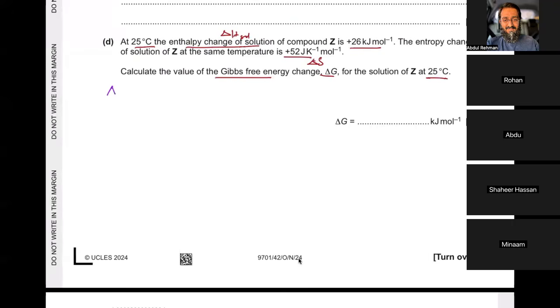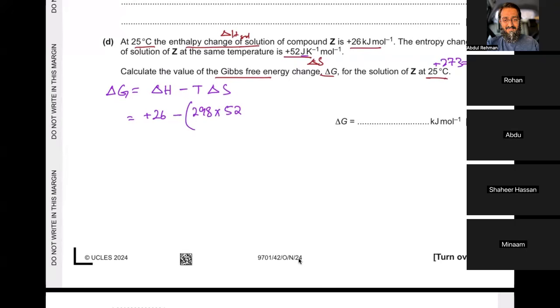Calculate the value of Gibbs free energy at 25 degrees Celsius. So Gibbs free energy is delta H minus T delta S. So delta H is positive 26 minus temperature is 25. So 25 plus 273, it's in Celsius, we need it in Kelvin. So 298, right? So minus 298 Kelvin times entropy change is 52 joules, right?